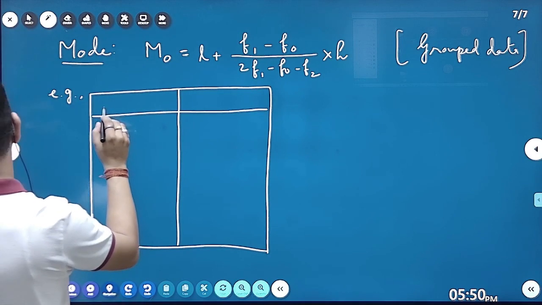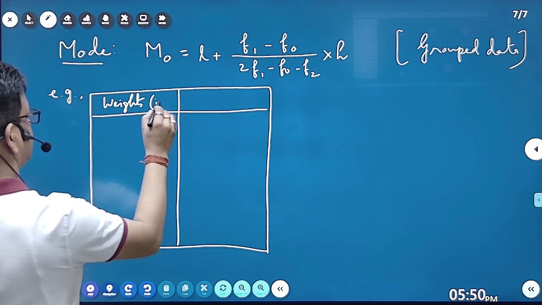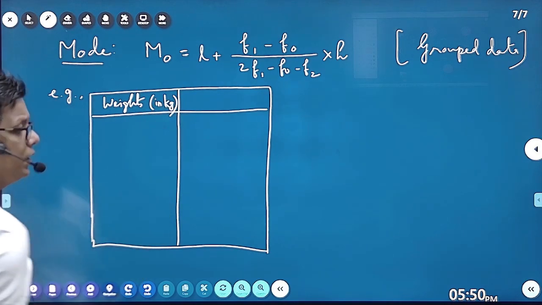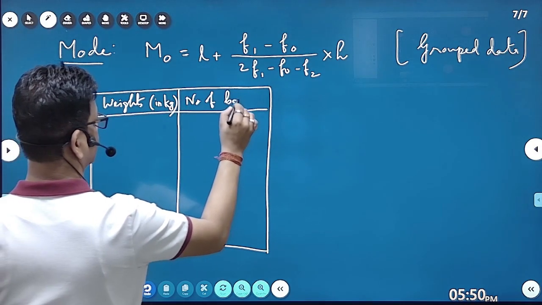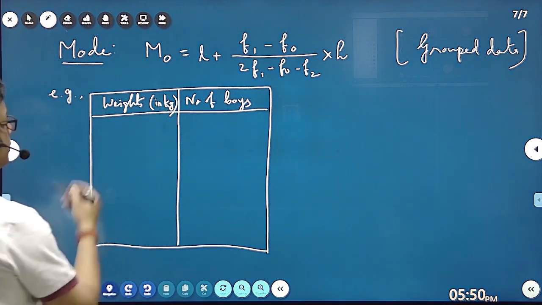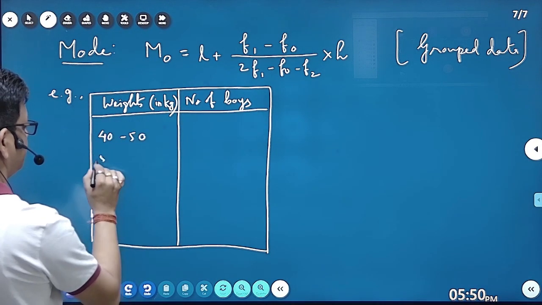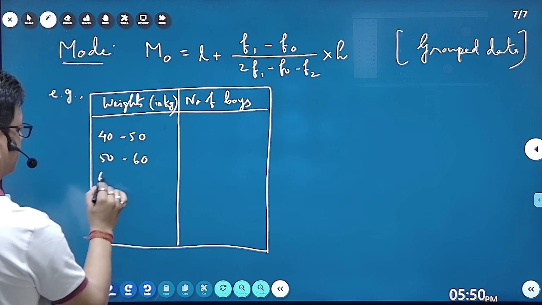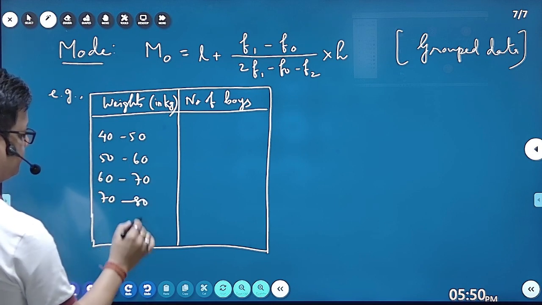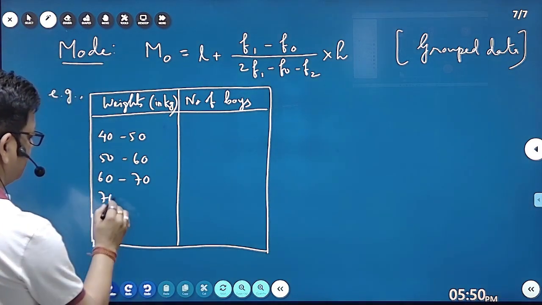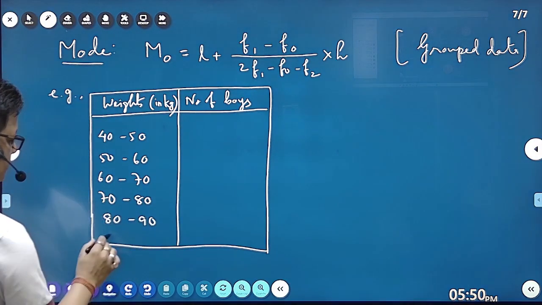So suppose these are weights. These are the weights of some students in kg. Then suppose these are the number of boys. All right. So suppose 40 to 50 kg, 50 to 60, 60 to 70, 70 to 80 kg, 80 to 90 kg, and suppose 90 to 100.